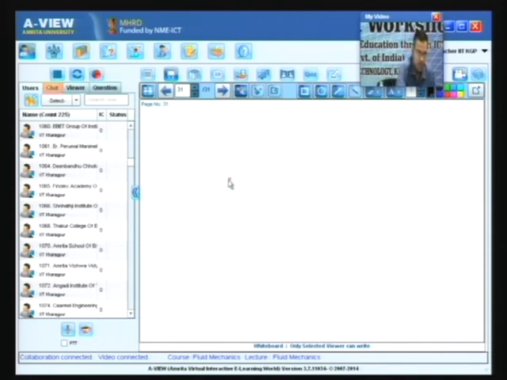Let us say that we have an interface like this. How does the surface tension act? The surface tension acts tangentially like this.